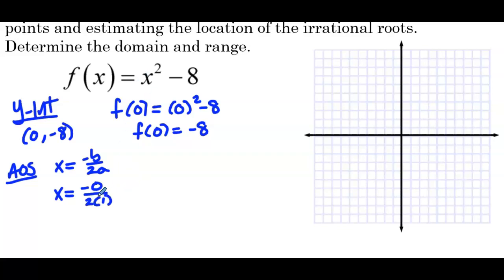So we have x equals 0 as the axis of symmetry, which means our vertex is the point (0, -8), which is the y-intercept. So we did that work and wound up with the same point, but at least we know that the vertex and the y-intercept are the same.